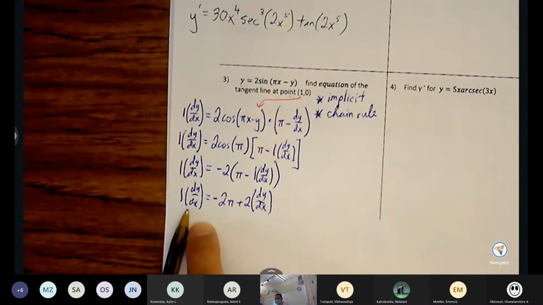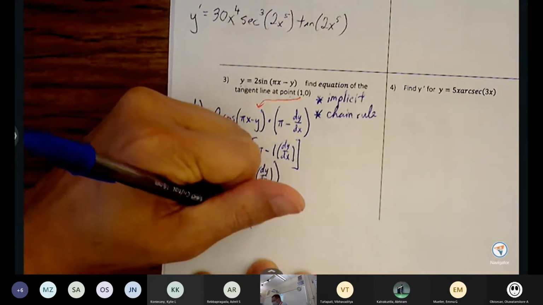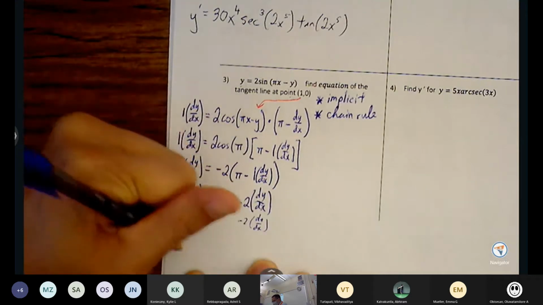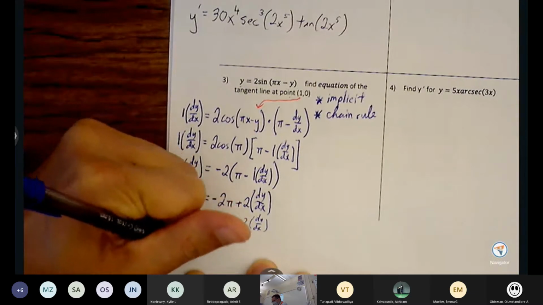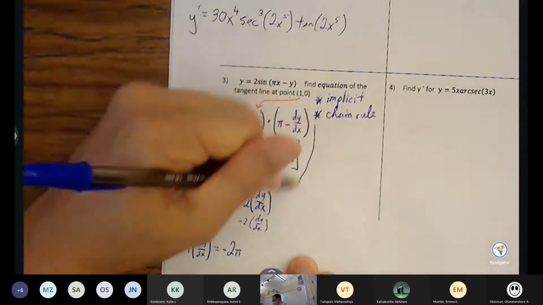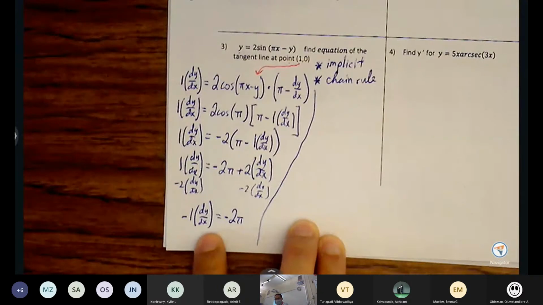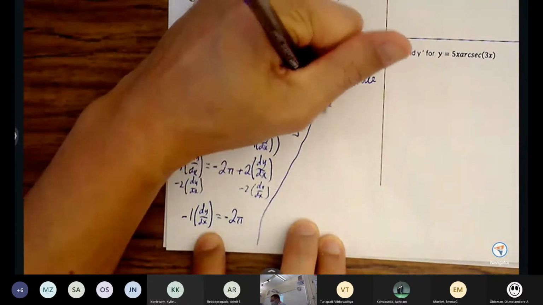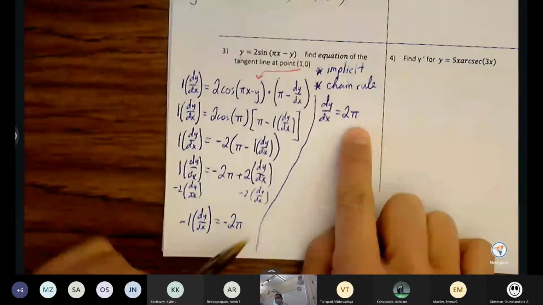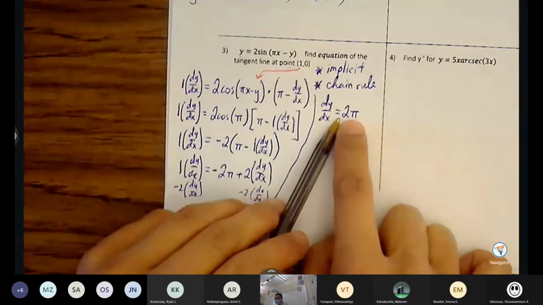If I subtract the 2 dy dx over to the left side, I get -1 dy dx is equal to -2 pi. Divide by -1, get dy dx by itself, so I have my slope, my dy dx is just 2 pi. And all the variables have disappeared because I've replaced all the x's and y's. So that's my slope.